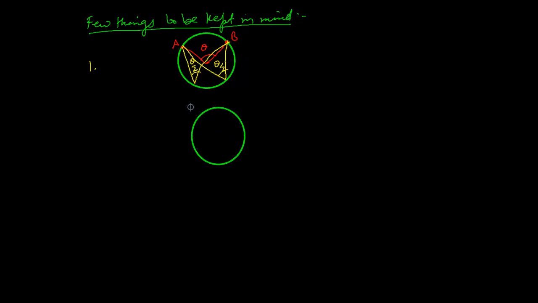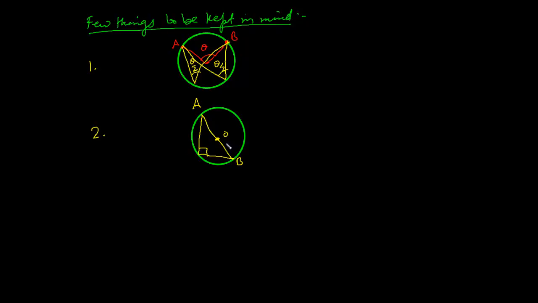The second point we should keep in mind about circles is, if we make an angle in the semicircle, it would always be a right angle triangle.